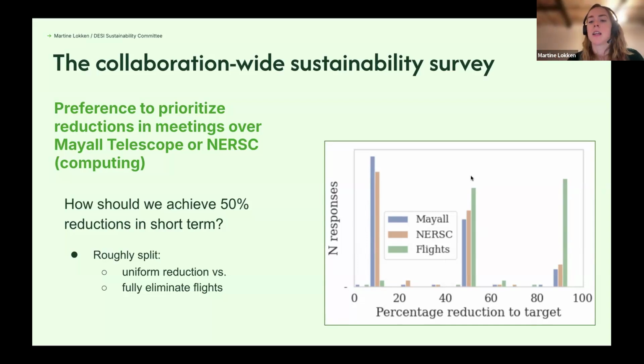And then a little bit less than half of people said, well, let's just try to reduce them all by a similar percentage. But almost nobody said, let's focus our reduction on the telescope and computing, because I think people recognize that's where our science comes from mostly. And so we don't really want to cut those core science operations. We'd rather cut down on flights and meetings.